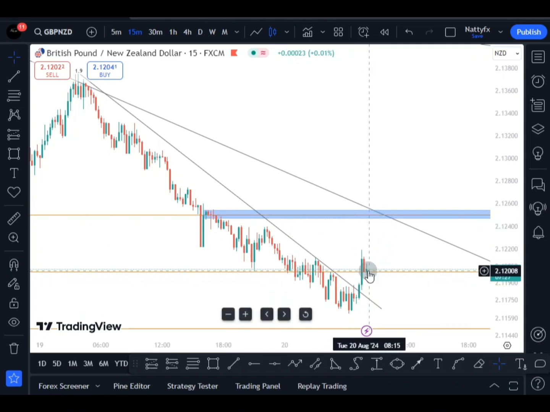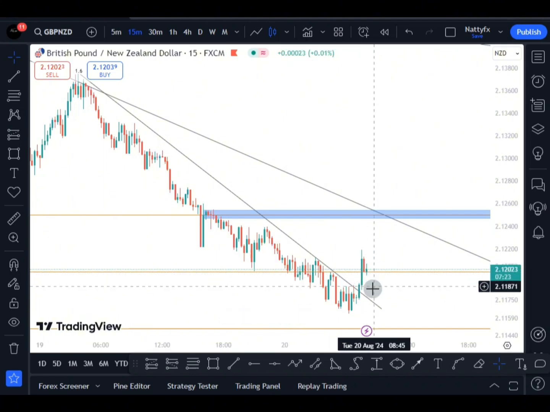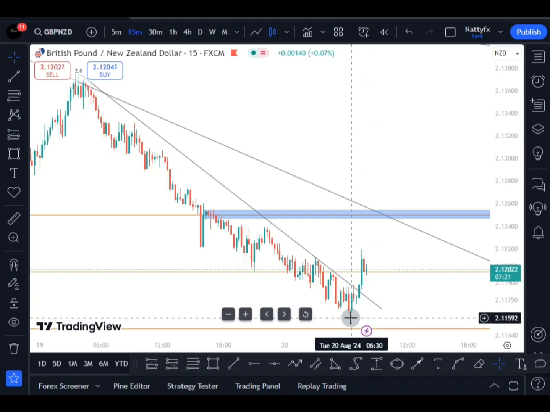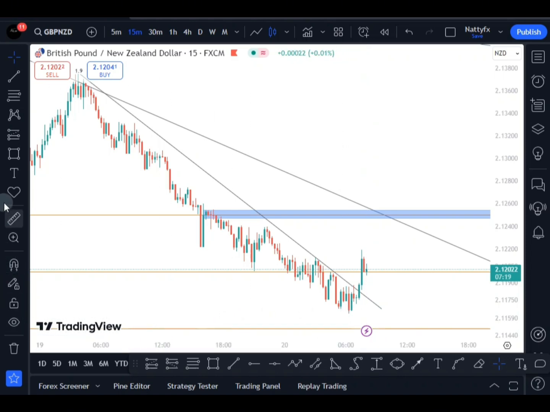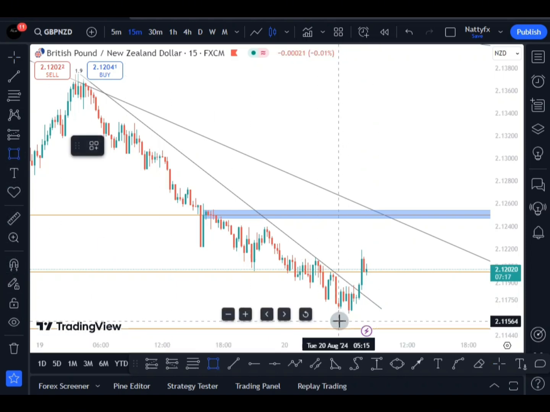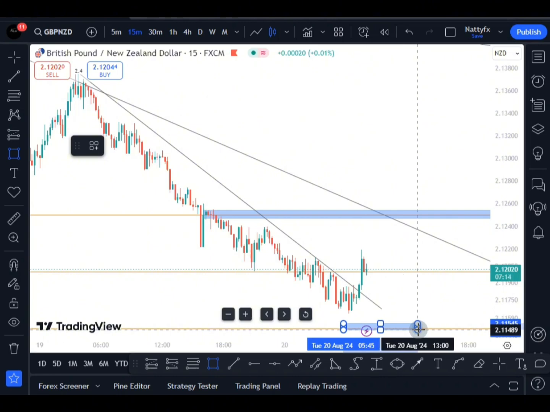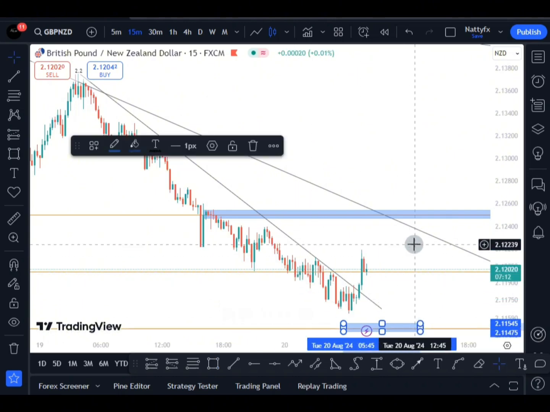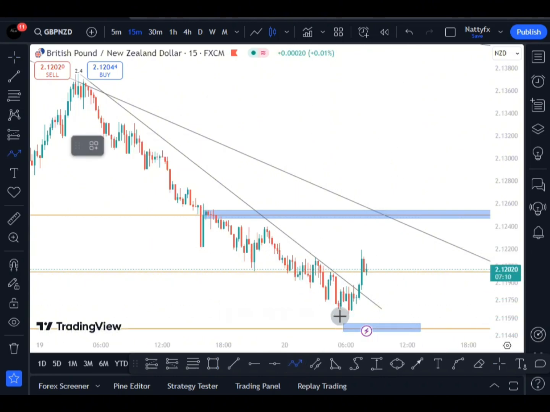If it gives us another bearish candle here with weak rejections, then we'll sell to the downside, creating a new lower low here, right? So this is what we are expecting price to do.